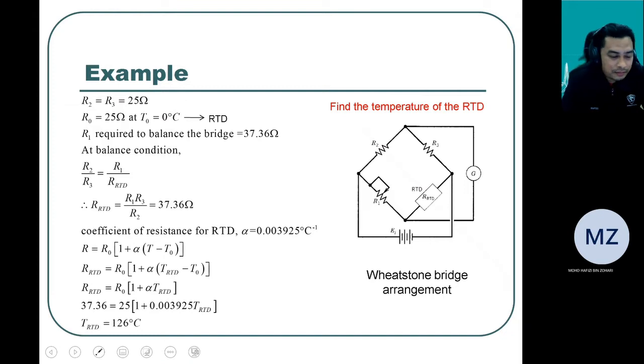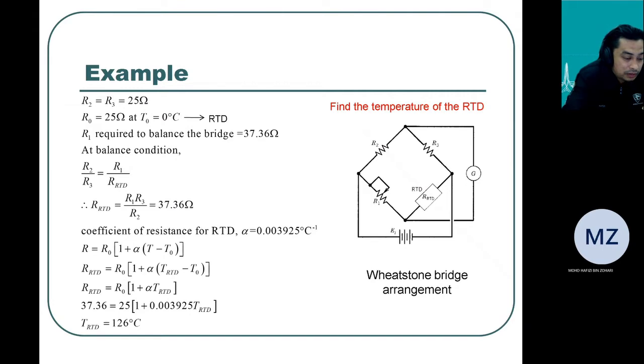So just a simple quick question. How can we double the sensitivity of the sensor? The answer is, because of this equation, you make sure that you put the ratio R2 over R3 double.